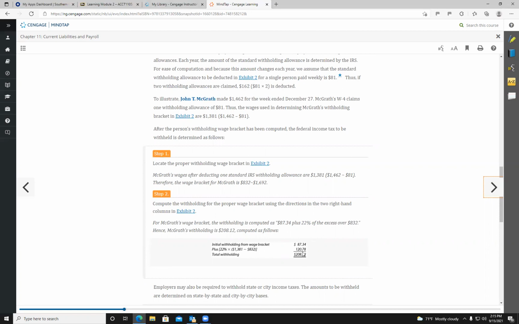That gives us a total of $120.78. Then we add that to 87.34, and so the total withholding from Mr. McGrath's weekly wage is going to be $208.12.